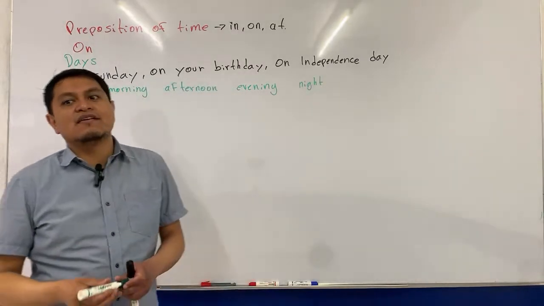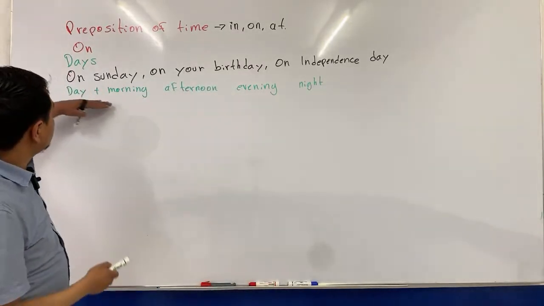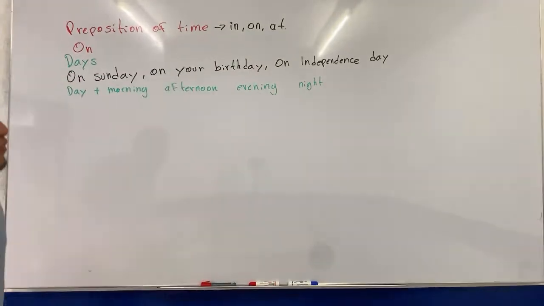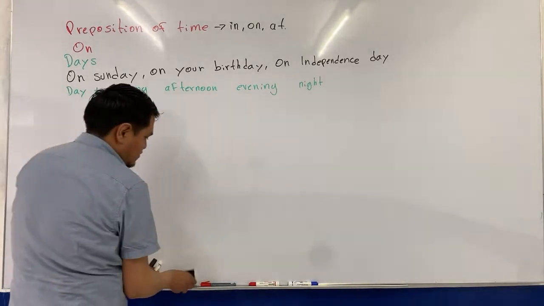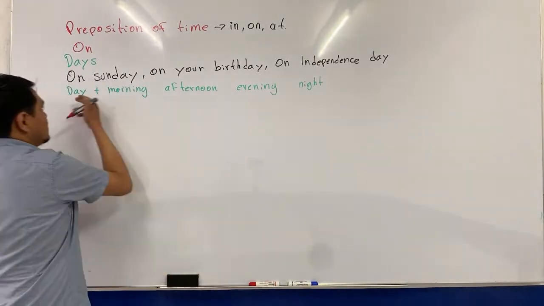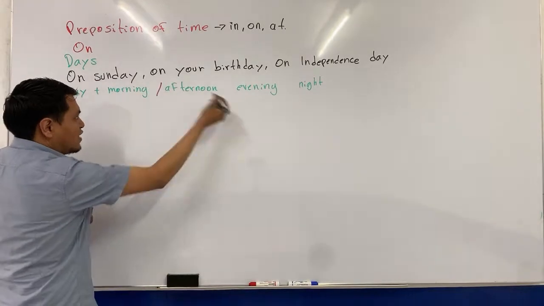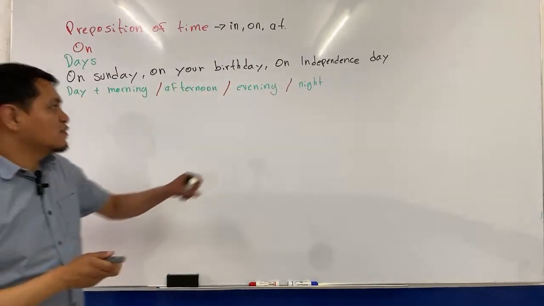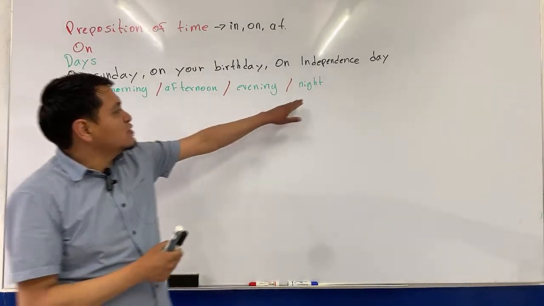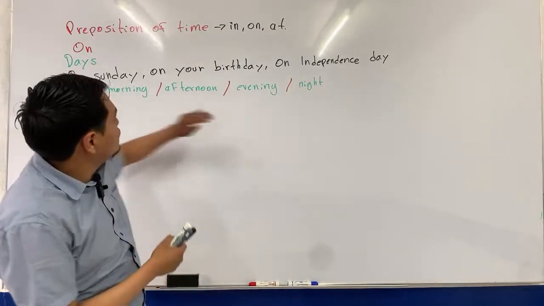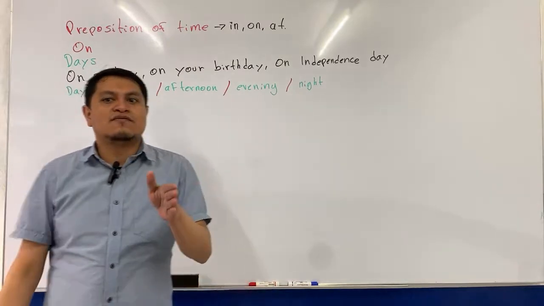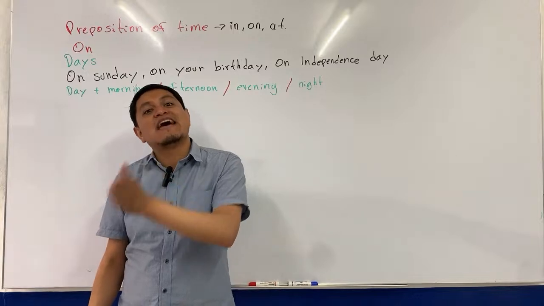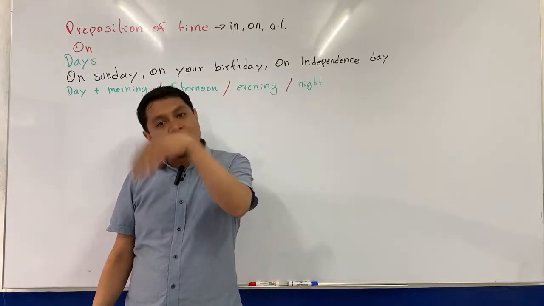Right? In this case, we also use these words for the night. Day plus morning or afternoon or evening or night. In this case, we can use on for night. Check. For example, on Saturday night, right? Sábado por la noche.